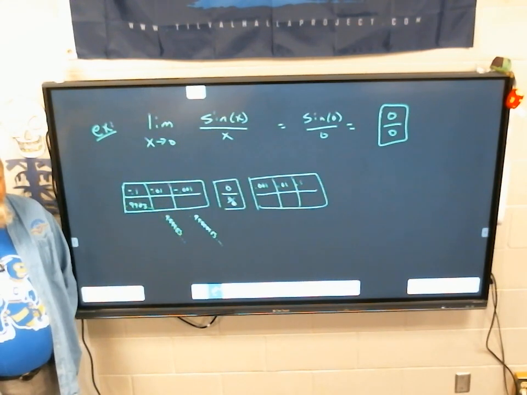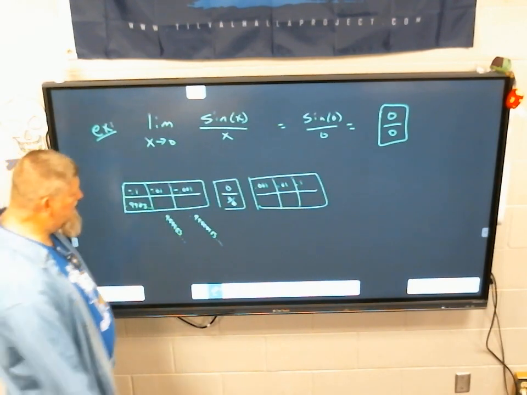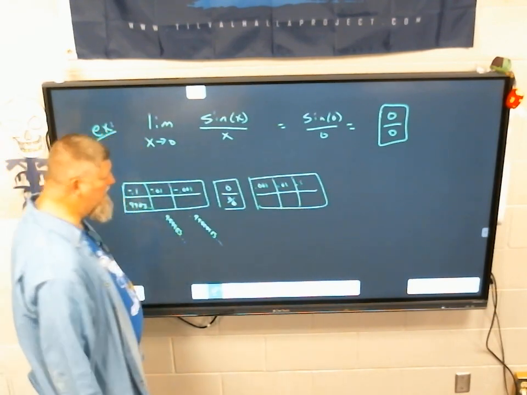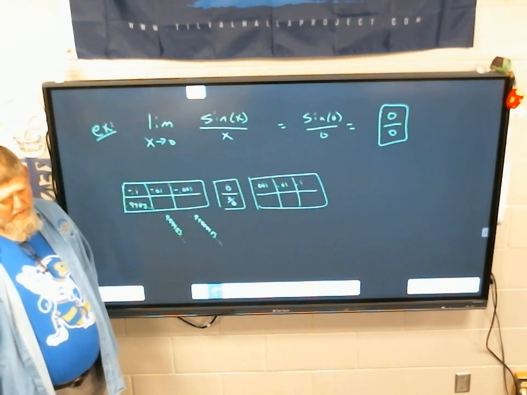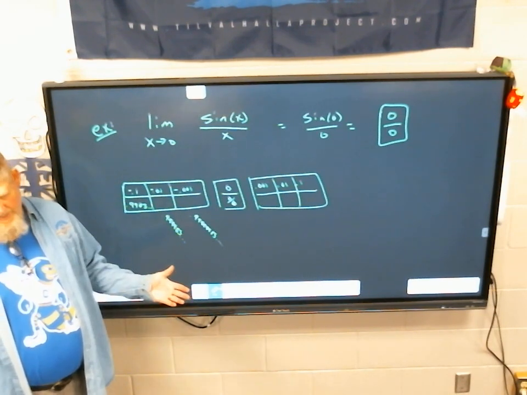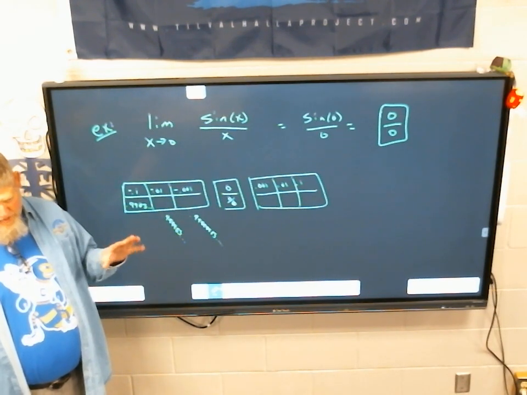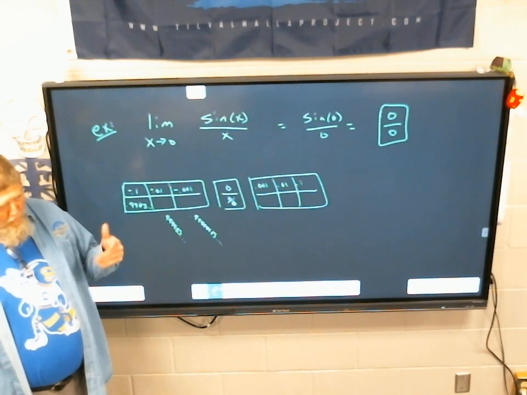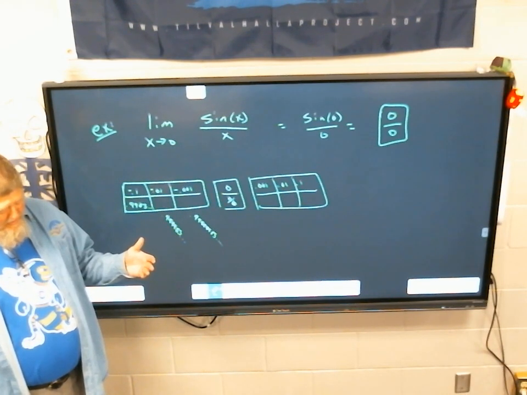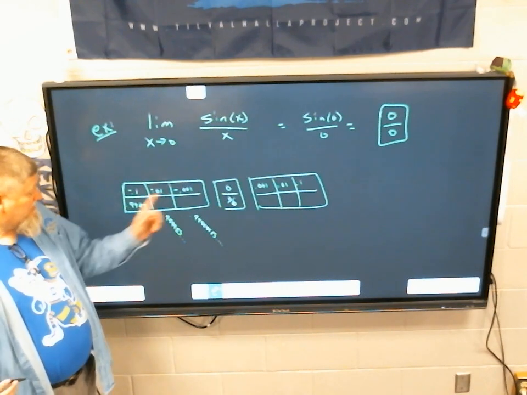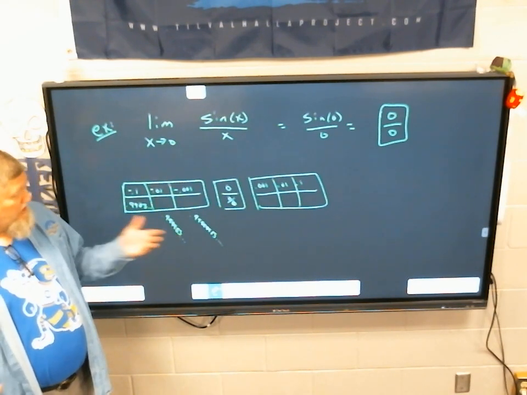Let's try the other side. Now honestly, think about this for just a second. It's the same thing. Why is it going to be the same? Because we're using the same numbers, just positive and negative. It's just that you change the signs.